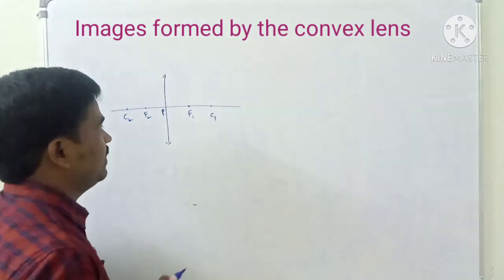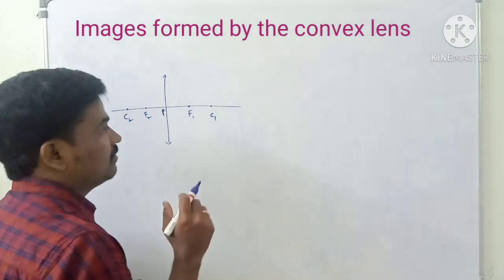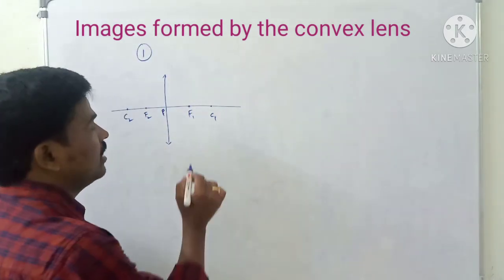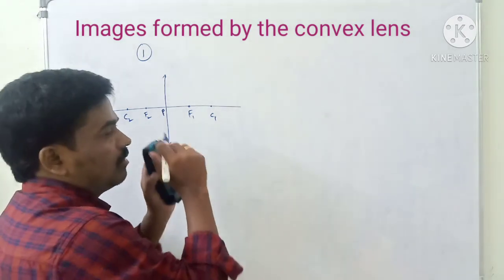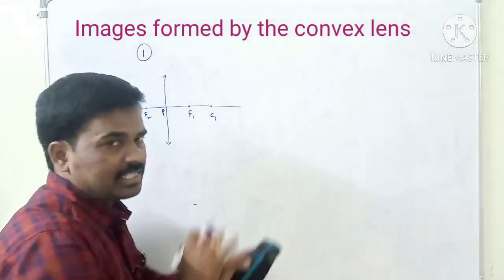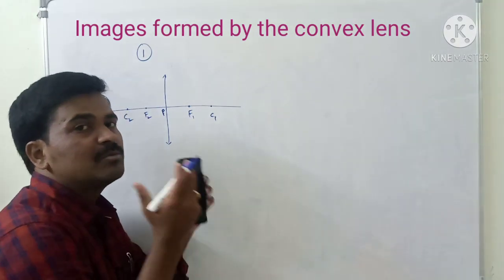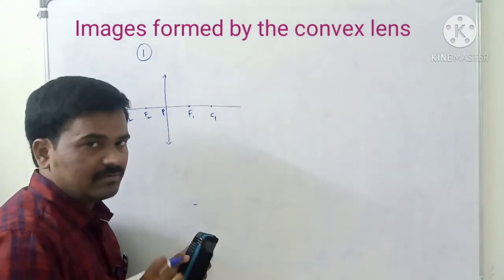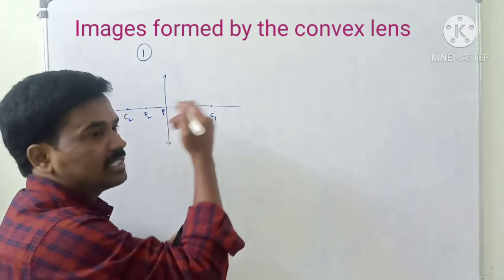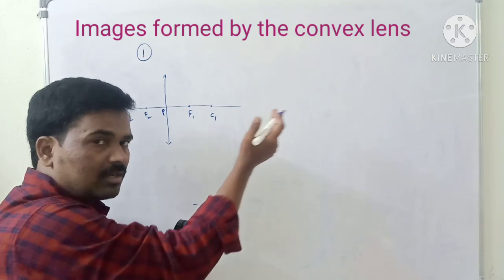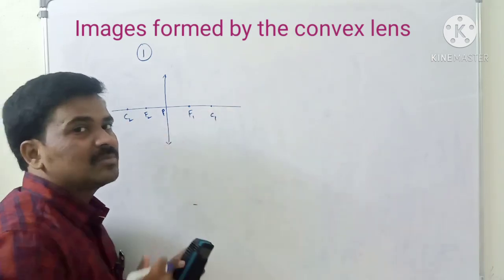Watch carefully. I am taking the first place. If the object is put at infinite distance, the rays come parallel to the principal axis. We know already, if the object is at infinite distance, the rays coming from the object come parallel to the principal axis.